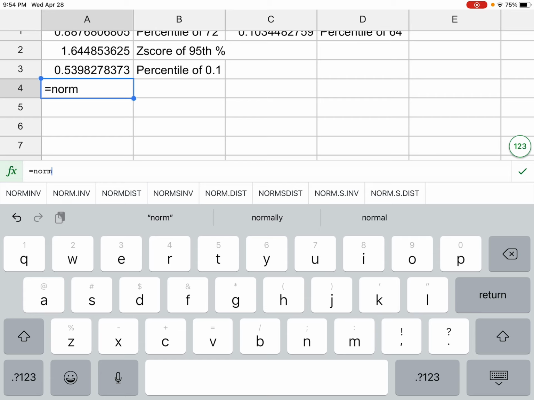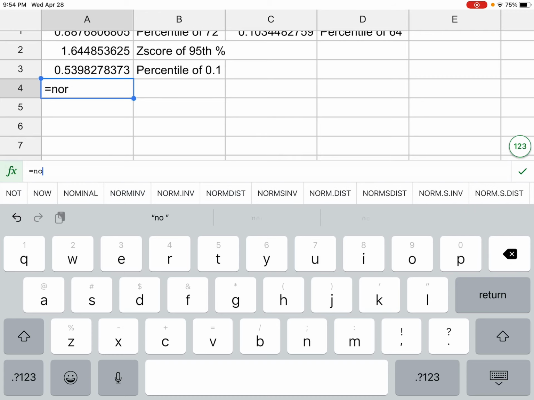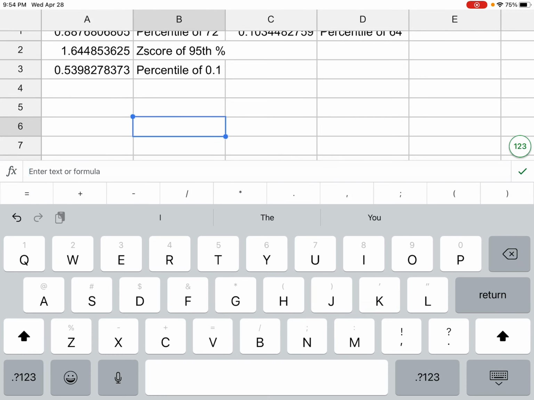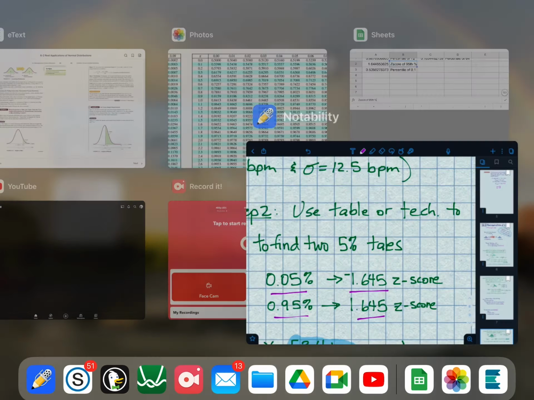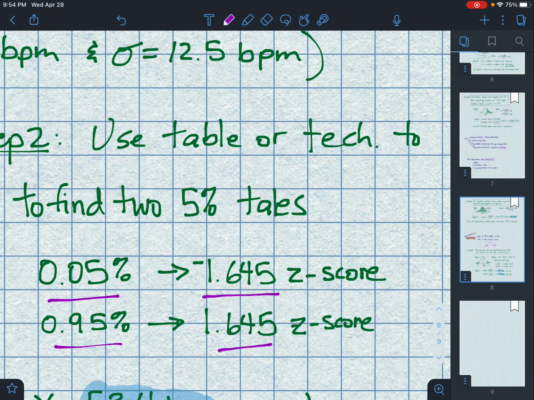And there we have a bunch of them to try. And you've got to know which one it is. So the one I'm using here is NORM.S.INV. And that gives us NORM.S.INV of 0.95, and that gives me the z-score for the 95th percentile. So I don't have to look it up in the table.